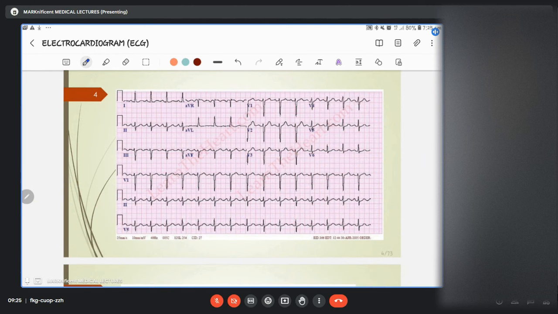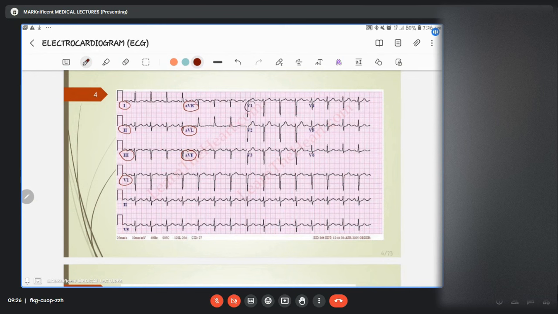You have various features here. Here you can see lead one, lead two, lead three. You can see aVR, aVL, aVF.